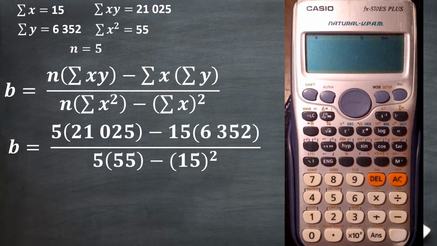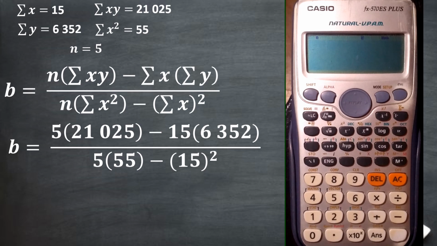Just like for the y-intercept or for the value of a, I highly discourage you also to directly solve for the value of b in your calculator, since the summations may have a higher value or a number with a higher value. So it will be hard for you to directly solve it in your calculator if we have a large number of values that we have to input.